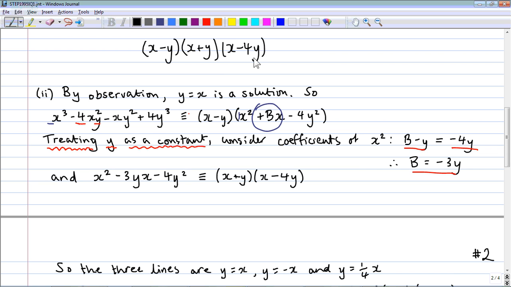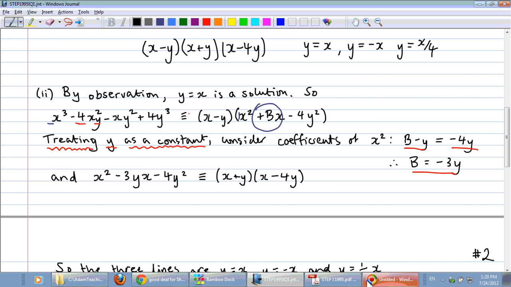So this is the factorization of this cubic in x and y, and that corresponds to 3 solutions: y equals x, y equals minus x, and y equals x over 4. And these, of course, are 3 lines on the plane. So that's the solution to the second part.